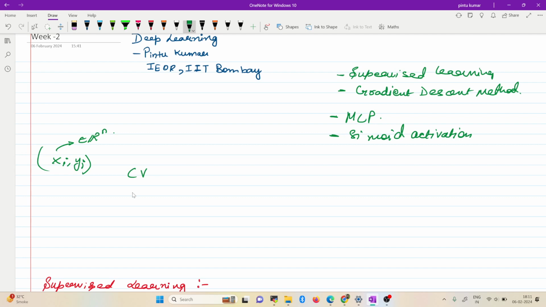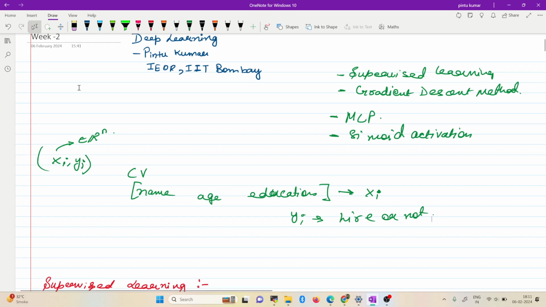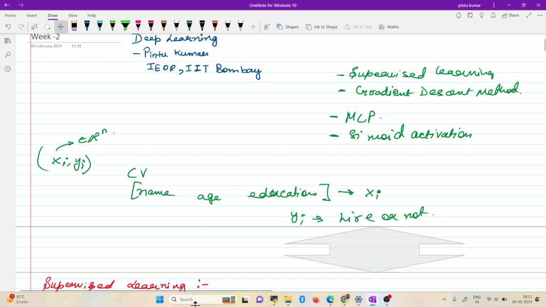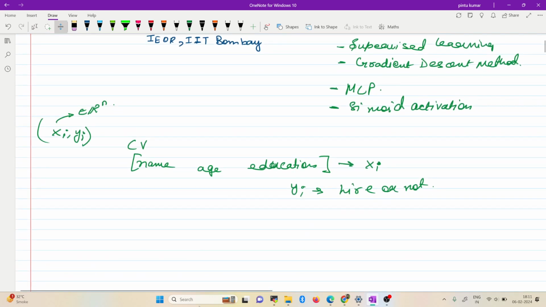So features would look something like their name, their age, their education qualification. If you bundle all of them in the form of a vector, this represents your xi, and your yi is your decision whether you want to hire him or not. You have many previous data points that you have collected from your past experiences, and now based on this you want to automate this process of hiring someone.